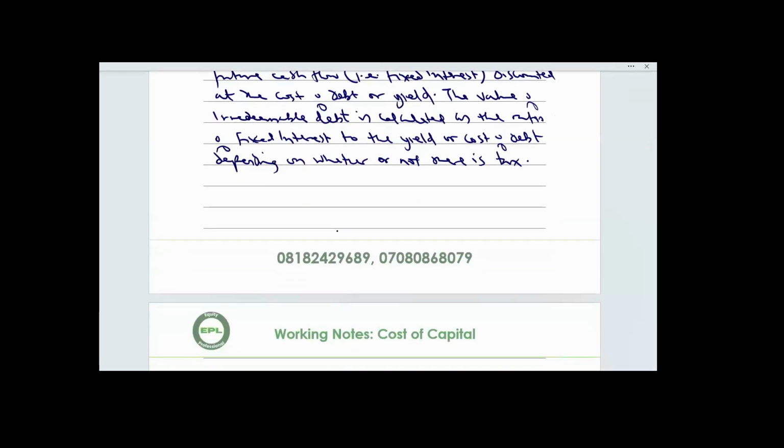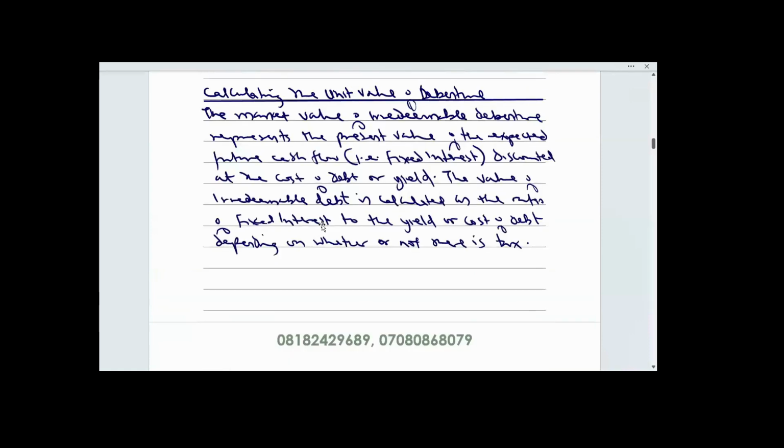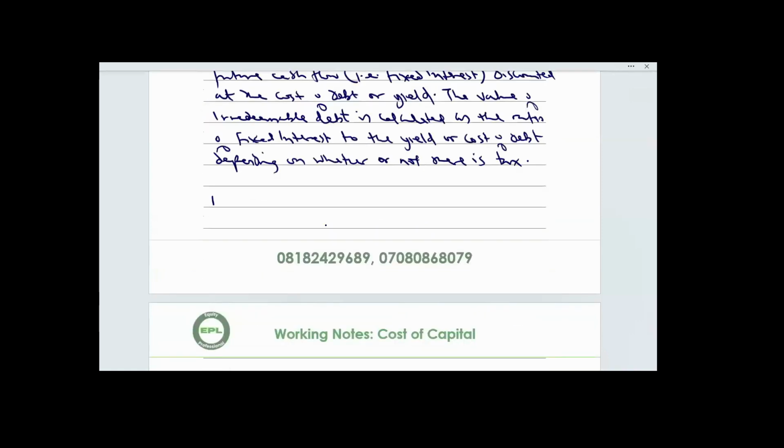For the purpose of this, the market value of the debt is calculated as fixed interest. In the question, we are not given anything like tax. So it will be fixed interest divided by the yield or the cost of the debt.